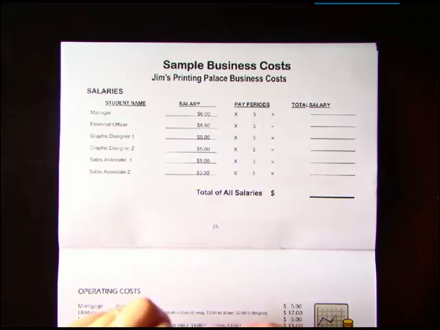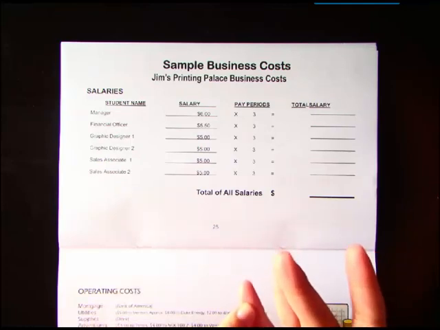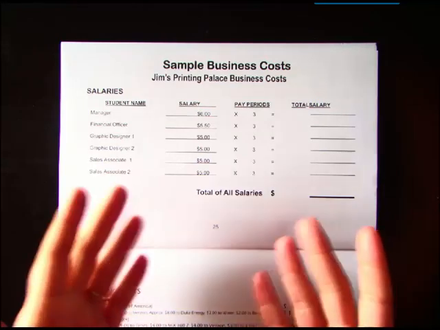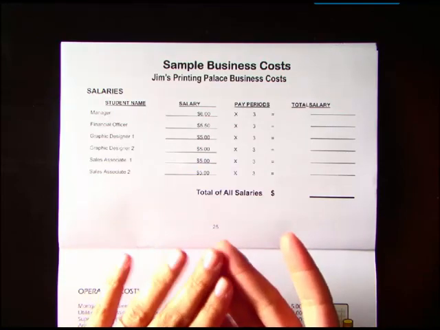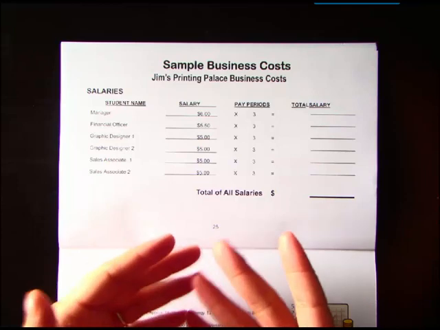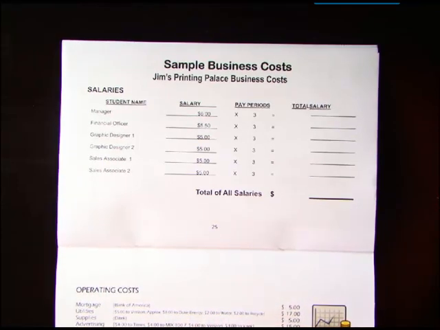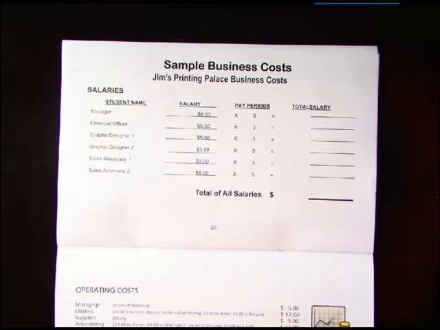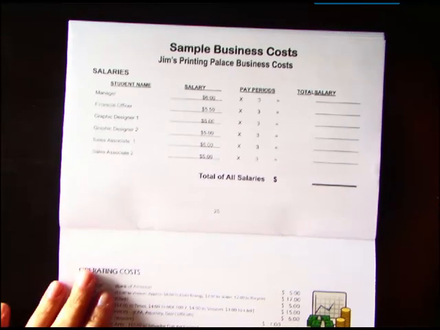Okay, most businesses, all businesses, owe money to somebody, whether it's a bank because you borrowed money from the bank to either purchase your building, purchase supplies, purchase machines, okay? And then you owe just monthly bills, just like your parents do at home, right? You have to owe the power company and things like that to keep your business going from month to month. So those, we'll get to them in a minute, are your operating costs.